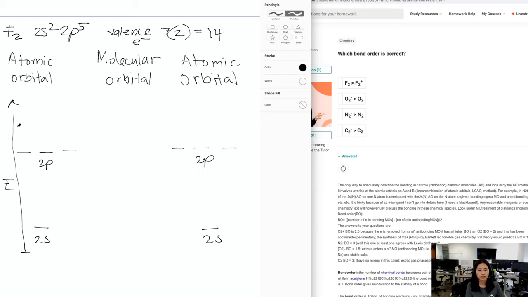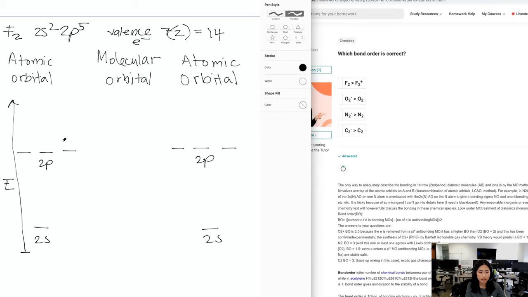You're probably wondering, why are you drawing 3 lines or boxes? Well, you can fit 6 electrons inside the p orbital, so 6 electrons is the max for a p subshell. That's why it's 3 lines right there.